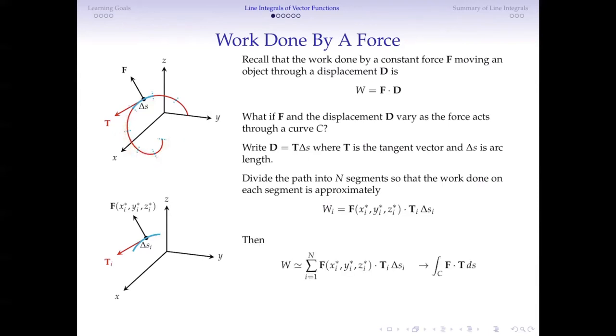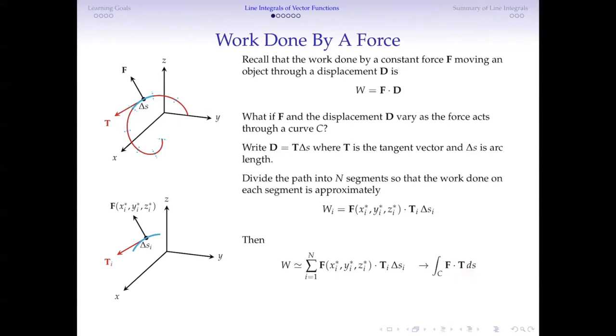I'm going to add up over segments. So the total work done is going to be the sum over these segments of force times displacement. This sum, the approximation, is the Riemann sum for a certain integral over the curve C, of the dot product of F, the force, and T, the unit tangent, integrated with respect to arc length.